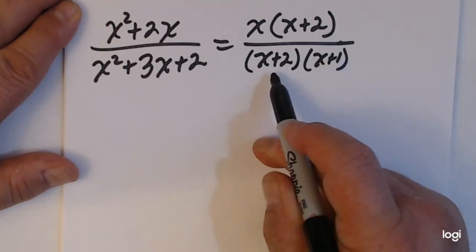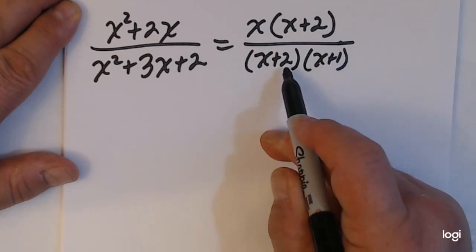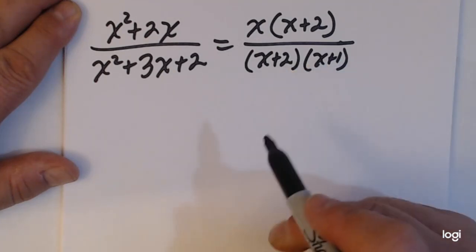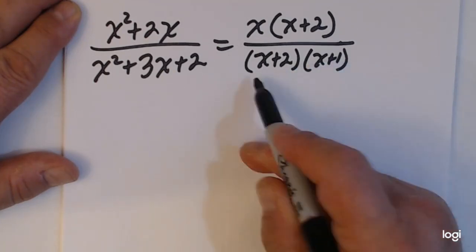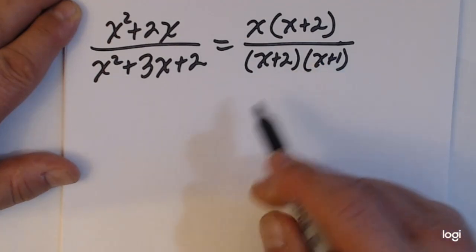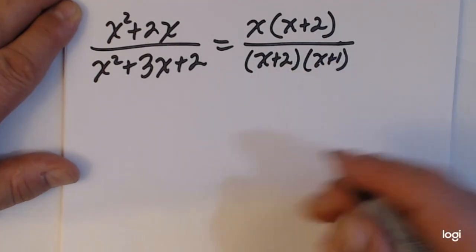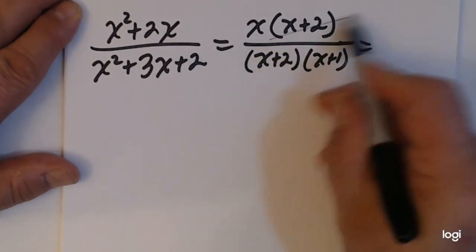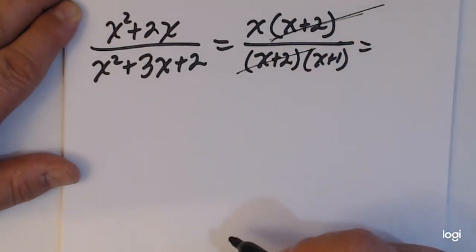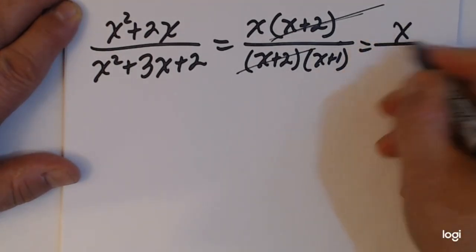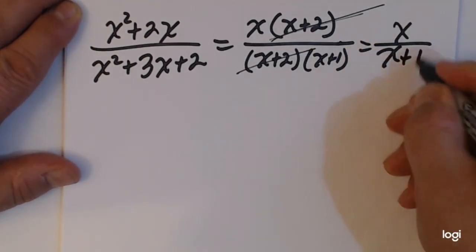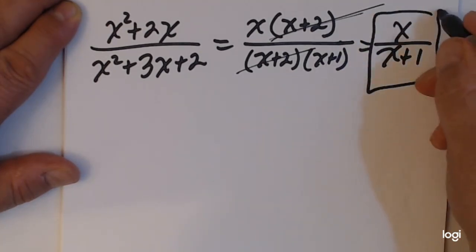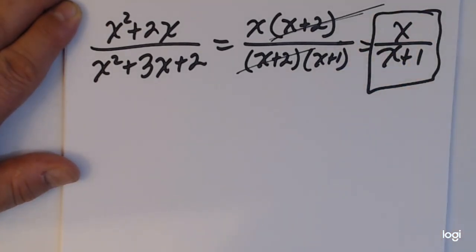The outer terms, x times 1 is 1x. Inner terms, 2 times x, 2x. So 1x and 2x is 3x. And then 2 times 1 is 2. Well, looks like the x plus 2's cancel. And that leaves us with x over x plus 1. Not too difficult.